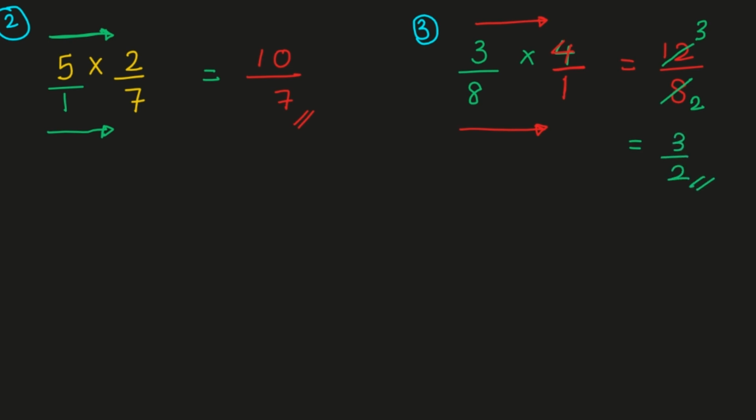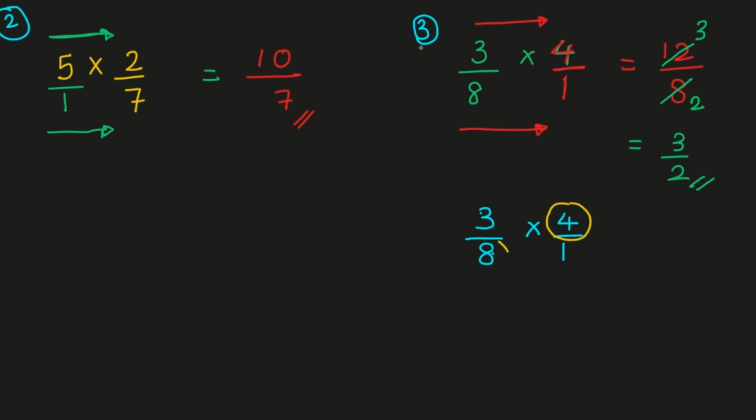Great. What I need to show here, there is something else. See here, 3 upon 8 into 4 upon 1. You know that it's 3 upon 8 into 4. The 1 is not necessary, actually. What I have to tell you is, here, this 4 is what? It's a numerator.